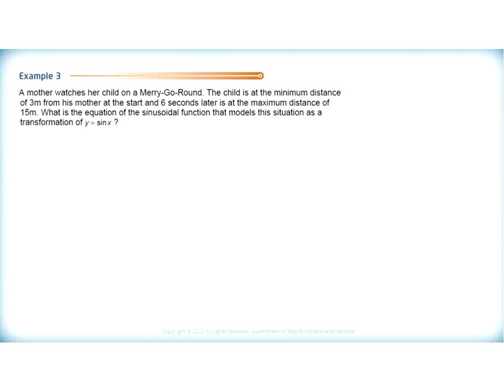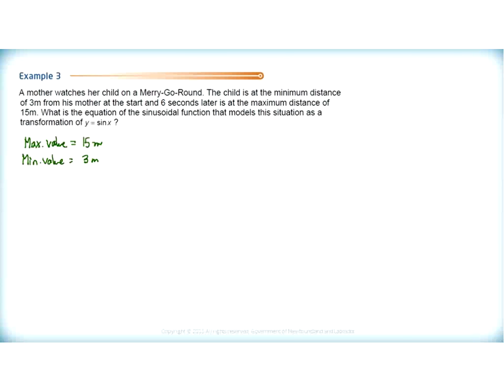As I look at this question, I determine that the maximum value of the function occurs at 15 meters, and the minimum value of the function is at 3 meters. I should highlight that in the question itself.